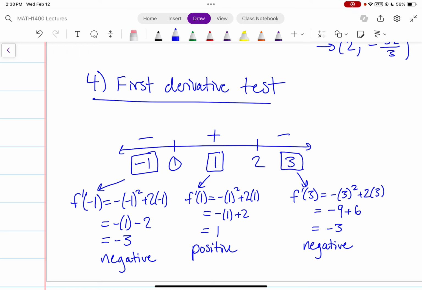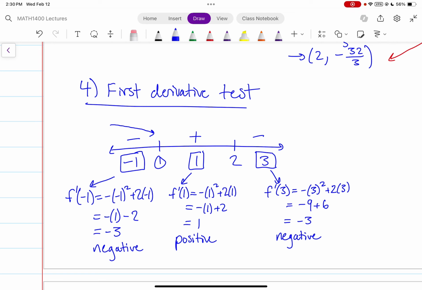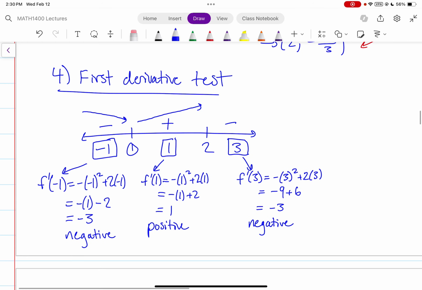The derivative is negative, so my function is going down like this. And then what about the middle region, that plus? Well, a plus means that my function is increasing. And then this last region, I have a negative, so that means my function is decreasing. Okay, I'm going to make that a little bit better.